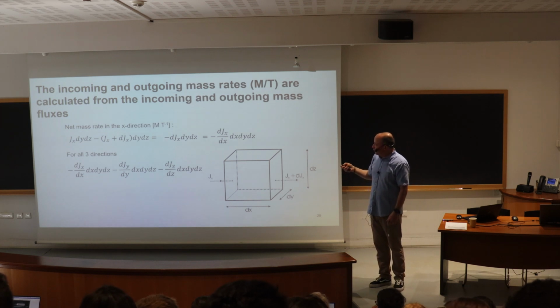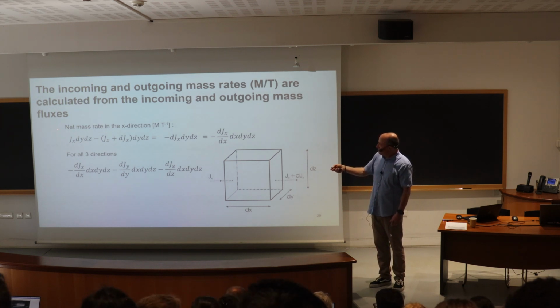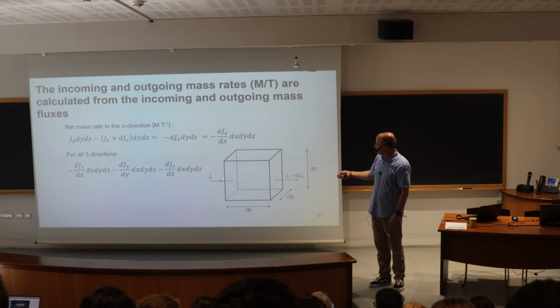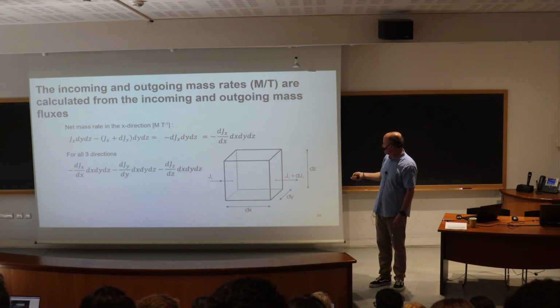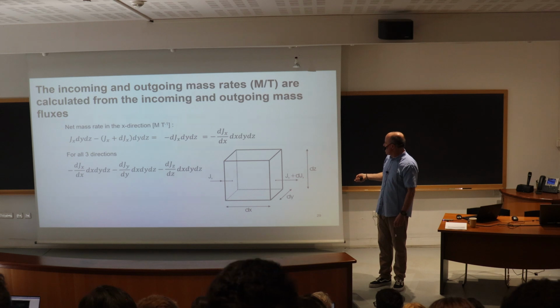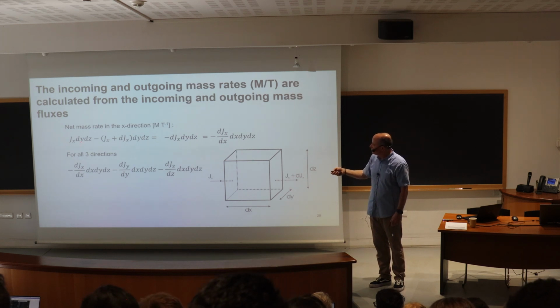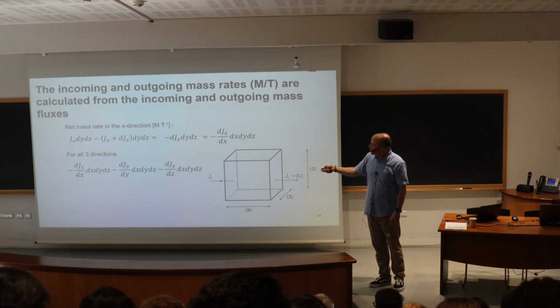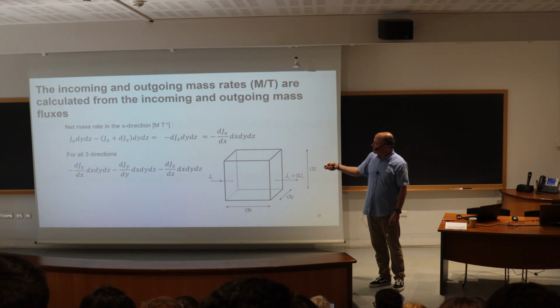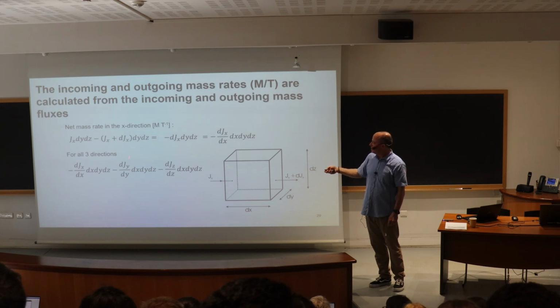We can then write that mass rate. We multiply by the area of the left and right face, which is delta y delta z. So the mass flux multiplied by the area entering minus the mass flux, which has this variation delta J sub x, times the area.